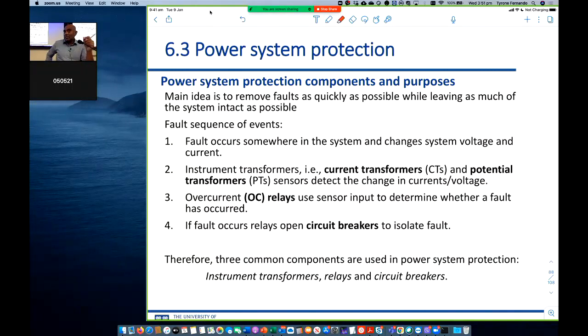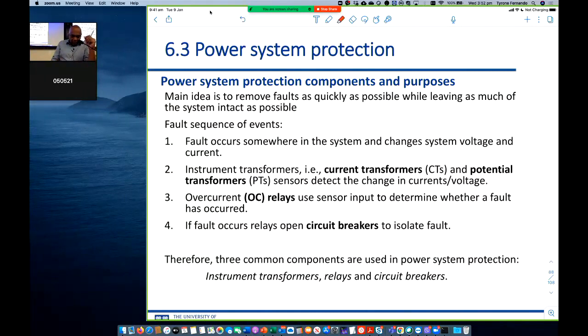Because if there is a fault, there will be a huge amount of current flowing, and the voltages can drop, because if it's short-circuited, voltage will drop. So overcurrent relays use sensor input to determine whether a fault has occurred. If the current transformer indicates a huge amount of current flowing through it, we know there is a fault. If a fault occurs, relays open circuit breakers to isolate that fault. If you have a line, you can have circuit breakers on either side and you can isolate the fault by opening the circuit breakers.